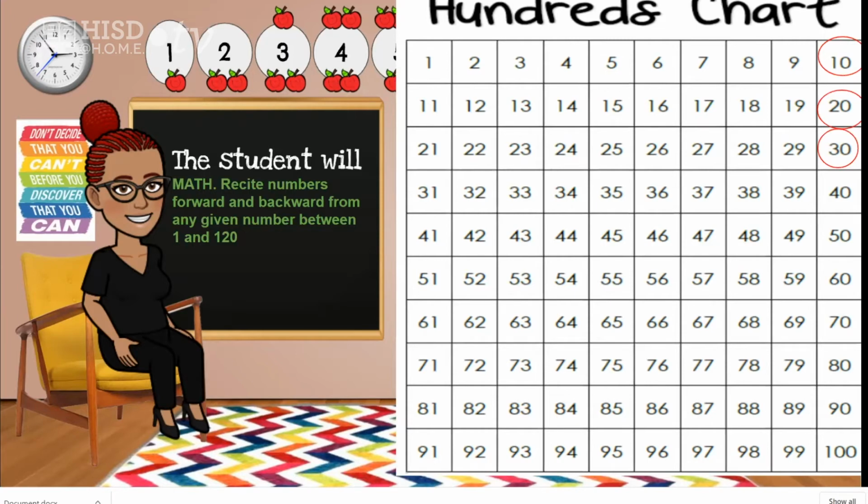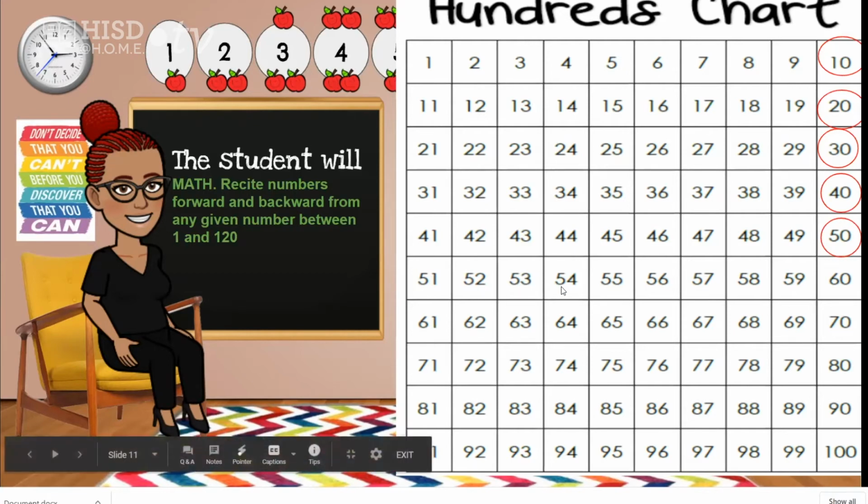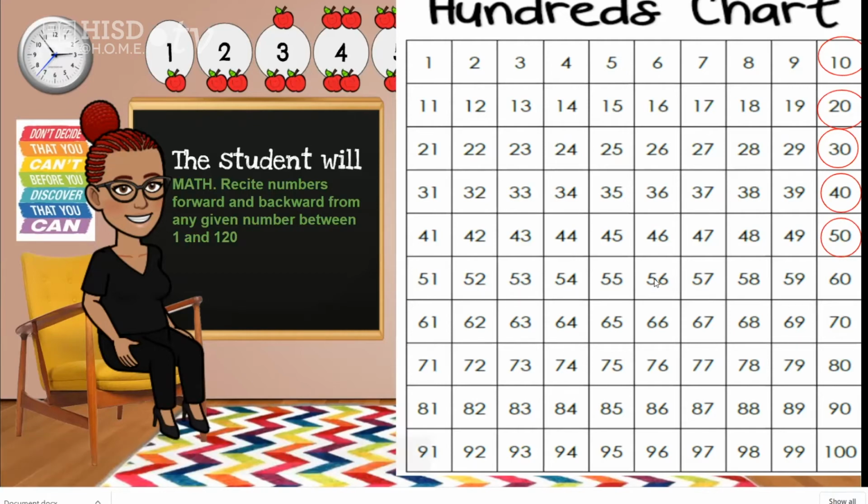And 10 more? 40. Add 10 more. 50. If I count 1, 2, 3, 4, 5, 6, 7, 8, 9, 10, I see the next number is 60.